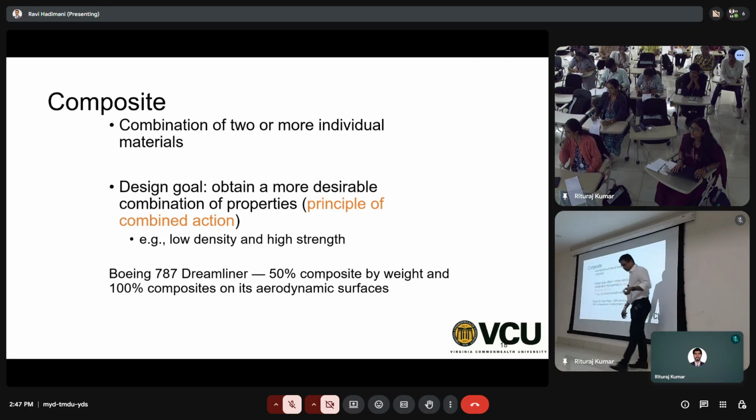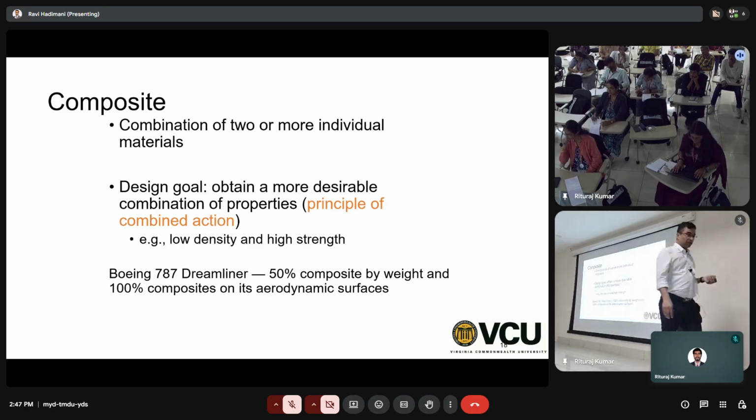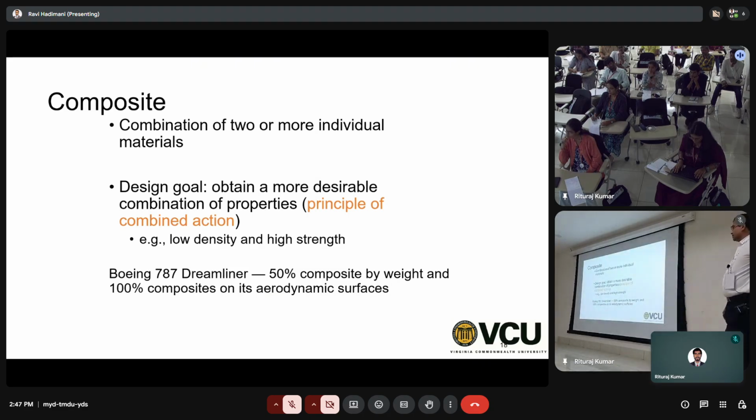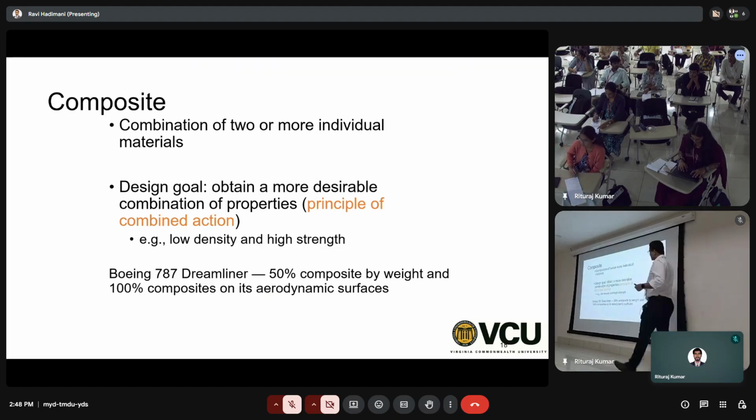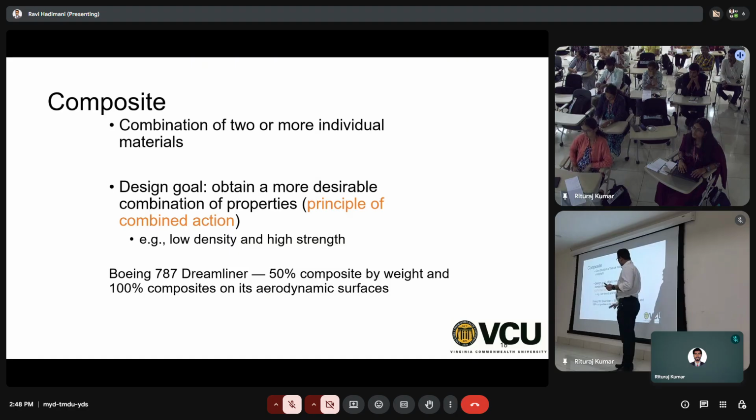We also looked at how to grow a single crystal, or what are single crystal materials. And now let's take a look at another processing technique, which is called making composite materials or composite formation.